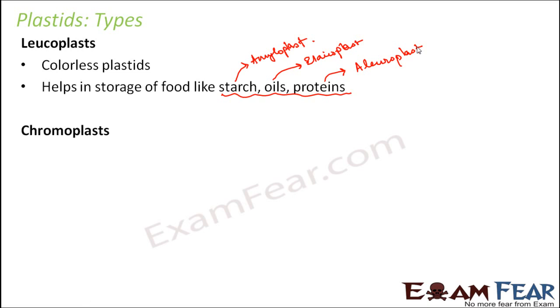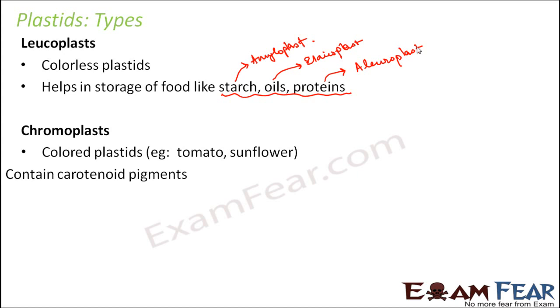Then the next type is chromoplast, which are colored plastids. That is, they impart a variety of colors like red, yellow, orange, those kind of colors. Now, why do they produce those type of colors? That means they have a pigment which imparts that color. So what are those pigments? They contain carotenoid pigments.